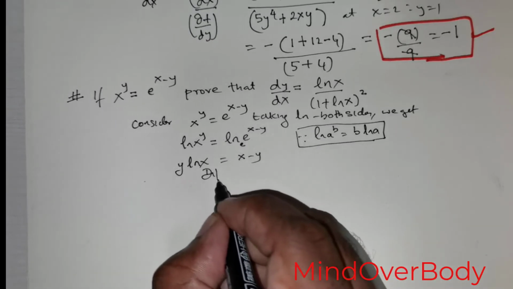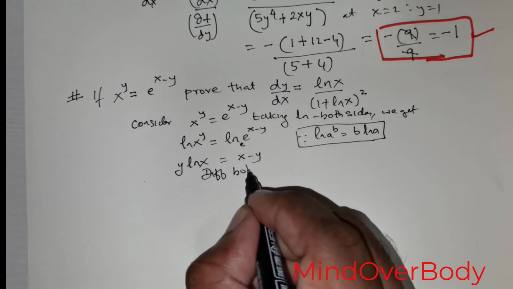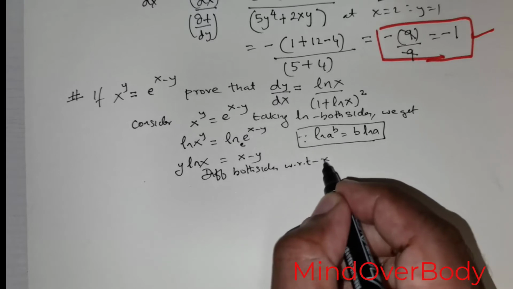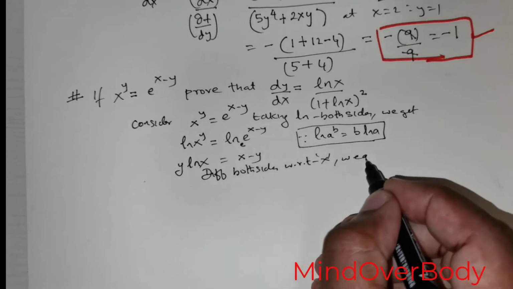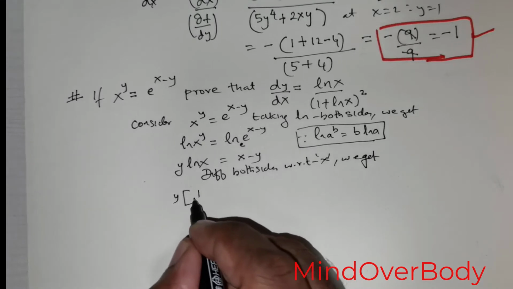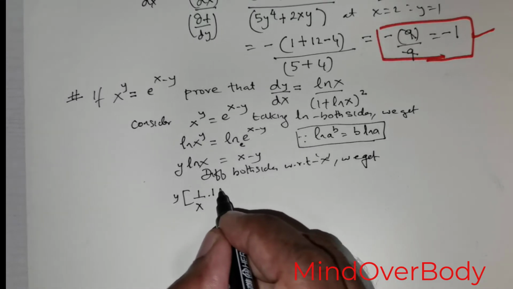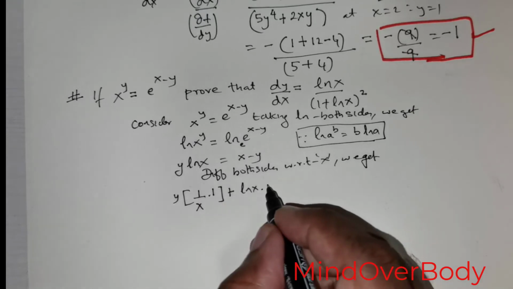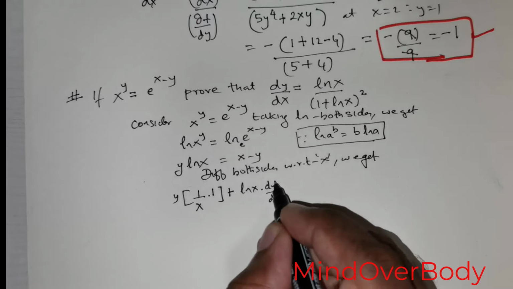Now I will differentiate both sides with respect to x. So when we do that, we get y times the differential of ln x, which is 1 over x times the differential of x, which is 1, plus ln x times the differential of y, which is dy over dx.